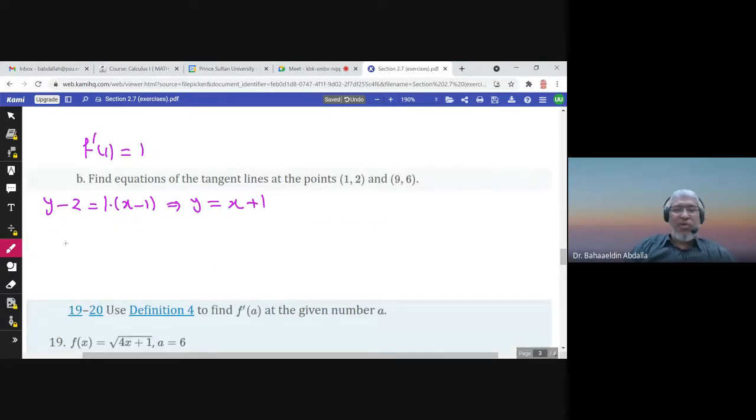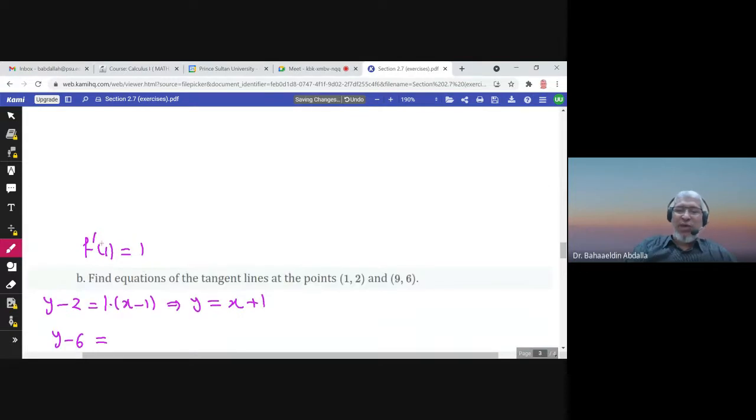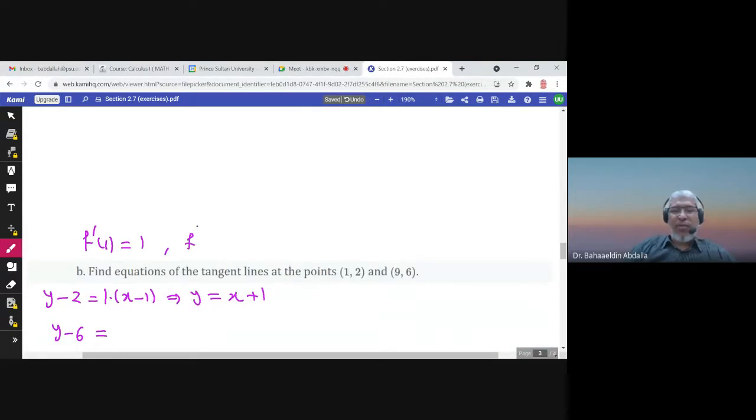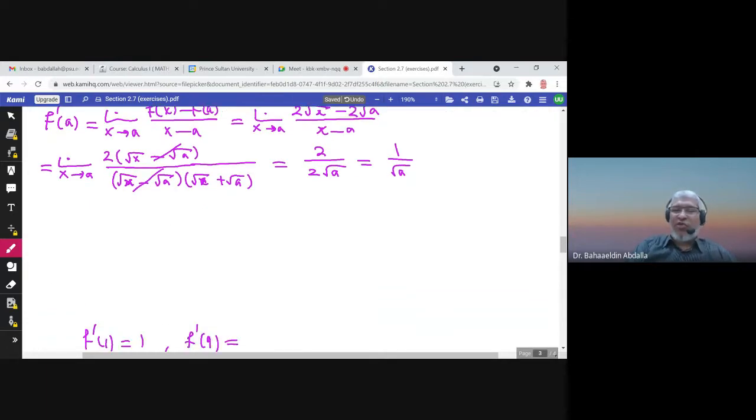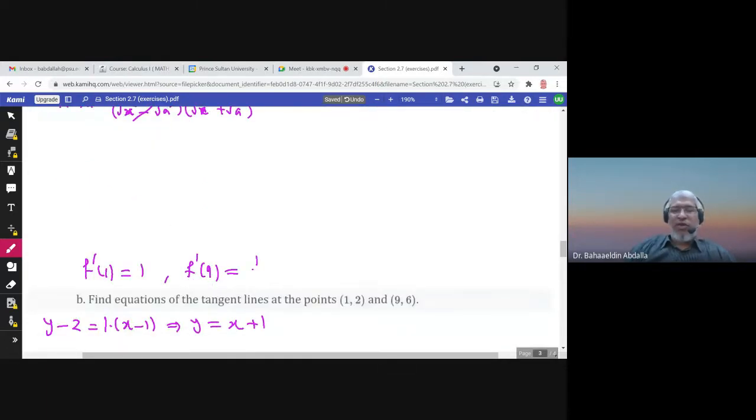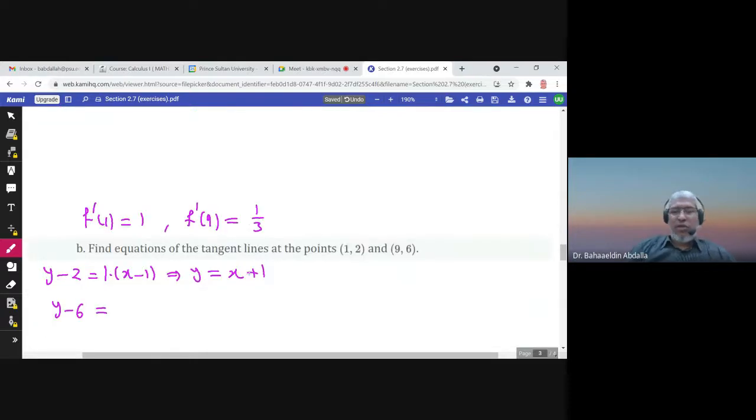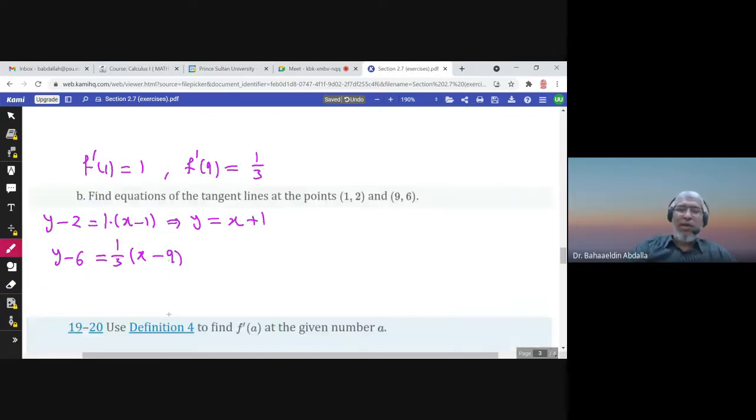The second one, y minus 6, using the point 9, 6, equals... Now what is the slope? I need f prime of 9. I replace a by 9. It is 1 over square root of 9. So it's 1 over 3, times x minus 9.